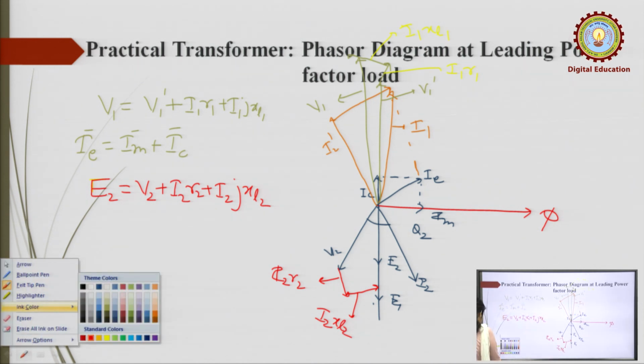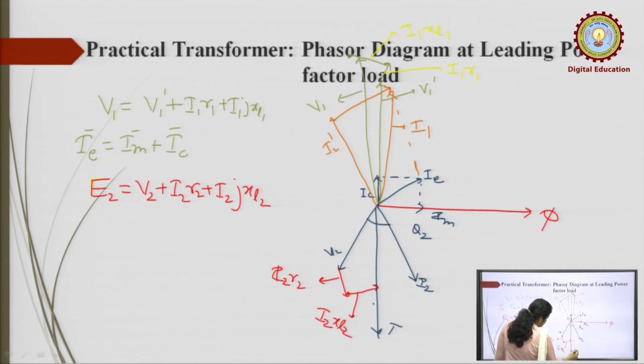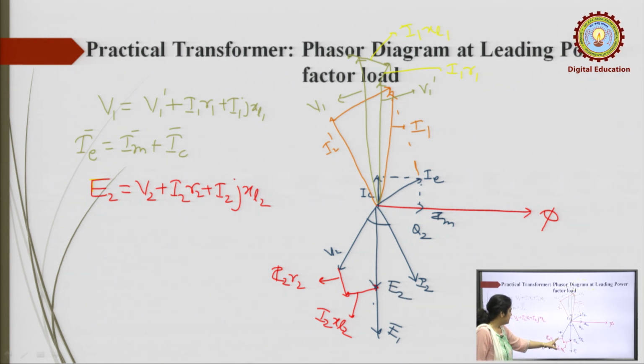So your E2 becomes, suppose this is E1, and this will become E2. It is the phasor sum of V2 plus I2 R2.